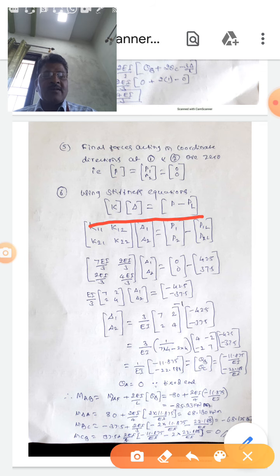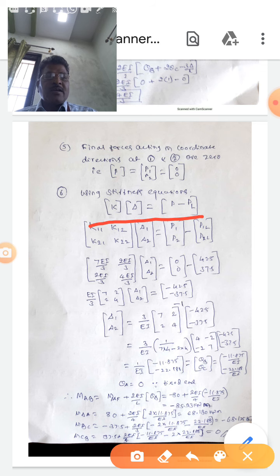Now substituting all the values of K11, K12, K21, K22, you will get 7EI upon 3, 2EI upon 3, 2EI upon 3 and 4EI upon 3, and delta 1 and delta 2 are unknowns, and then P1, P2 are 0 and PL already calculated, the fixed end moments 42.5 and 37.5. You simplify this, take EI upon 3 common and you will get 7 2 2 4 with delta 1 and delta 2 as they are, and remaining this 0 minus this matrix is equal to minus 42.5 minus 37.5.